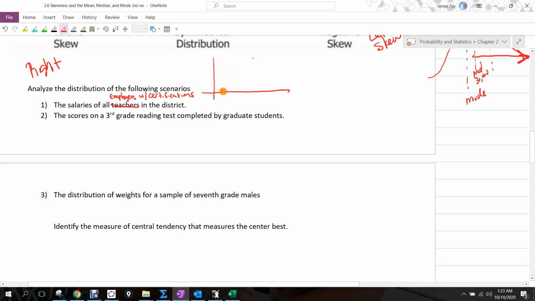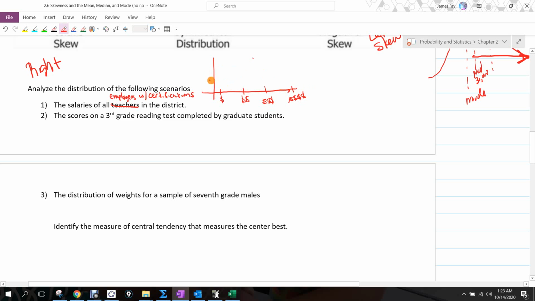But if I'm talking in terms of money, I'm going to use this symbol to show that money is increasing the further you get on this graph.